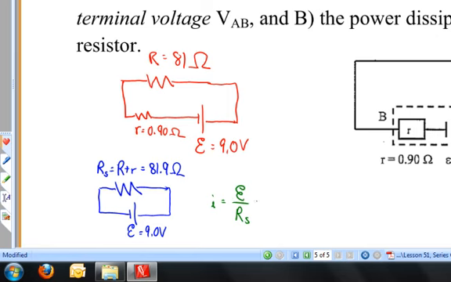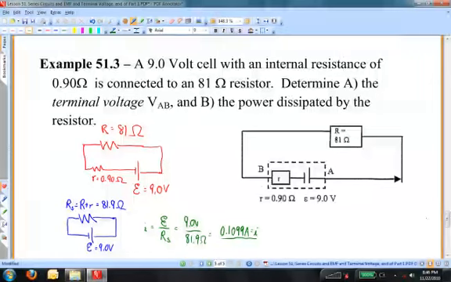And now I'll put my numbers in and just solve this problem for the current. 9 volts divided by 81.9 ohms. And now I need my calculator. I get 0.1099 amperes. Nearly 110 milliamps is what I've got here, and I realize that I've got more significant figures than I really need.